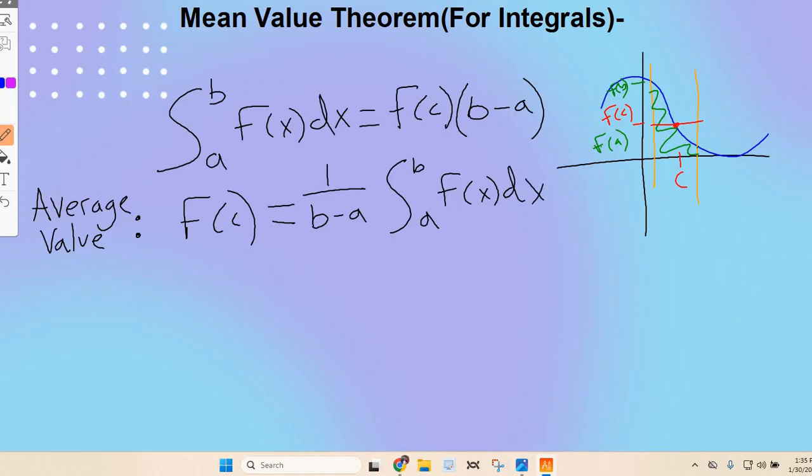And that is our average value. So when you're asked to find the average value of a function, they're asking you to find this integral. A lot of times it'll be an application type question. And we'll look at one like that in a second.